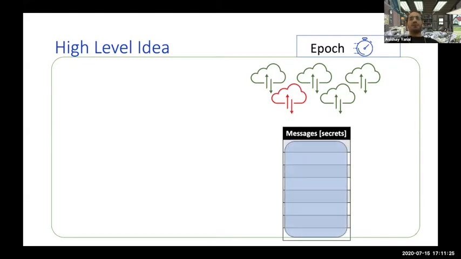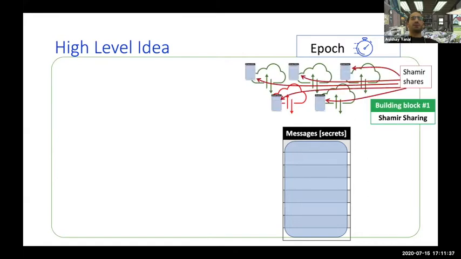The content of the entries of the table remains hidden from the servers, such that only if a large number of corrupted parties collude, they will be able to see the content. And we do this using Shamir secret sharing. So each server has a Shamir sharing of each entry in that table of secrets.